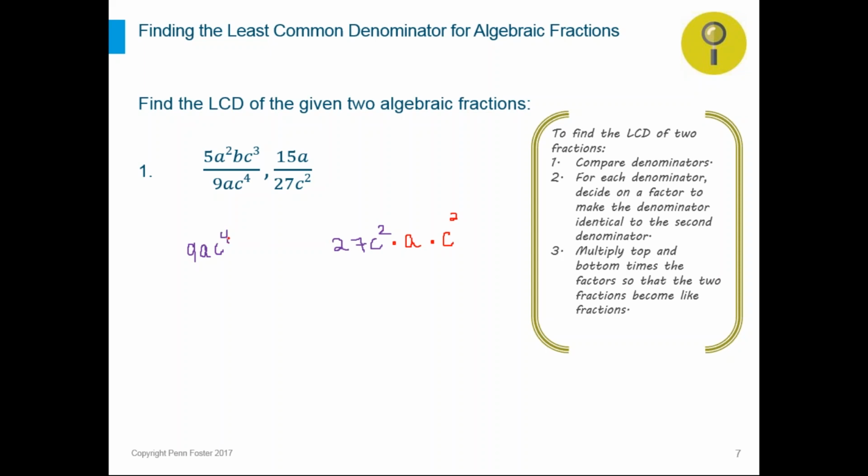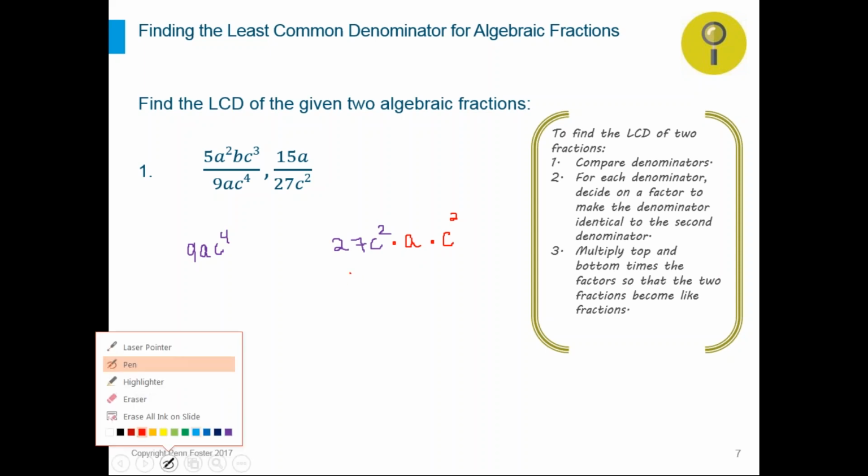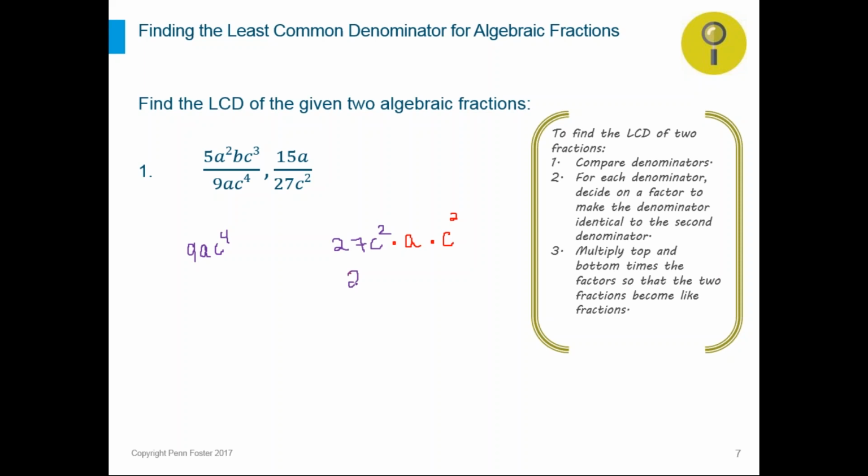And again, we're trying to make exactly the same denominators in both fractions. Okay, so far, let's rewrite the second denominator here. So far we have 27c to the fourth a. The first denominator, we did not change that yet, 9ac to the fourth.